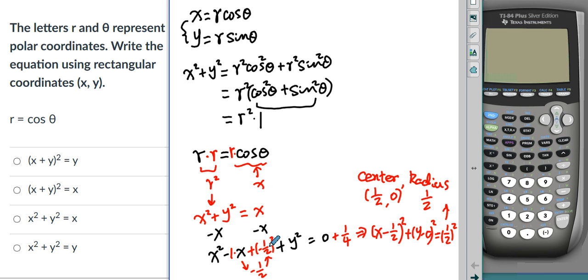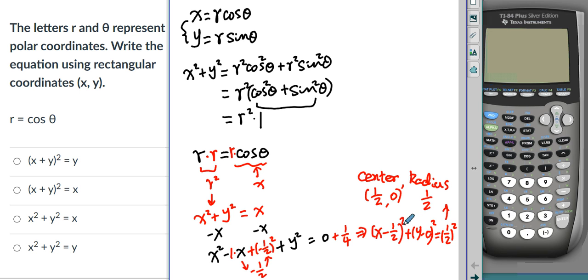So you add 1/4 on the left and add 1/4 on the right-hand side. Then we get x minus 1/2 squared, which is a complete square, and y squared is y minus 0 squared. And 1/4 is 1/2 squared. This is the standard equation of a circle.